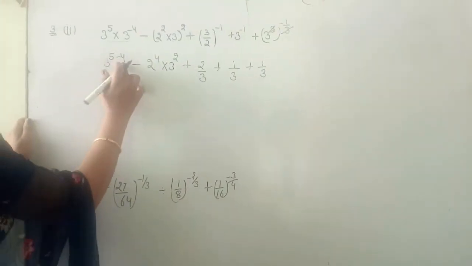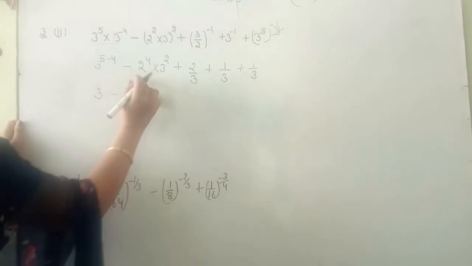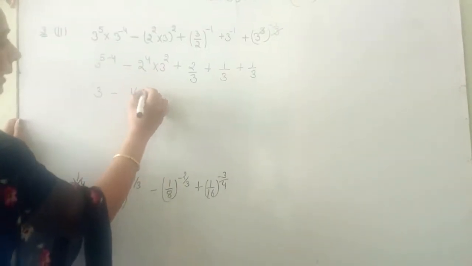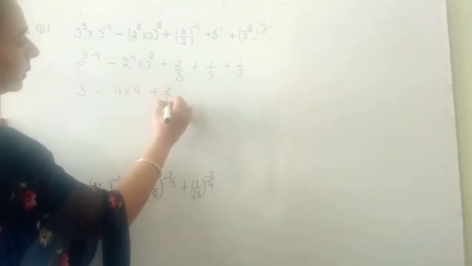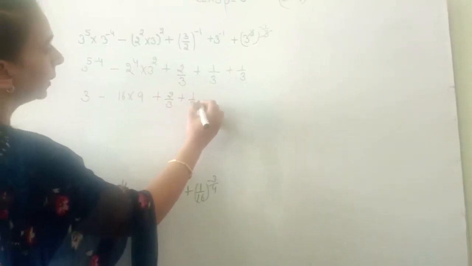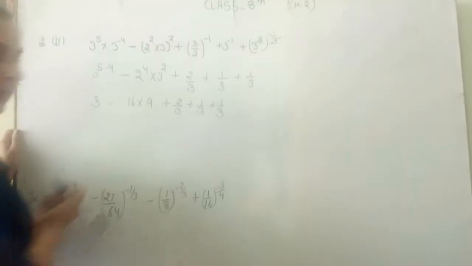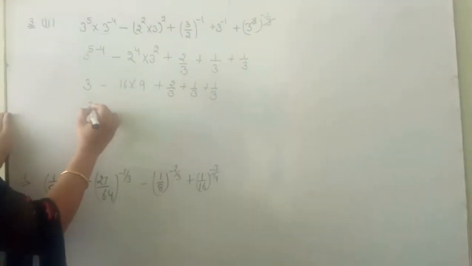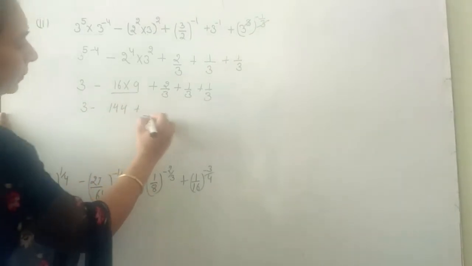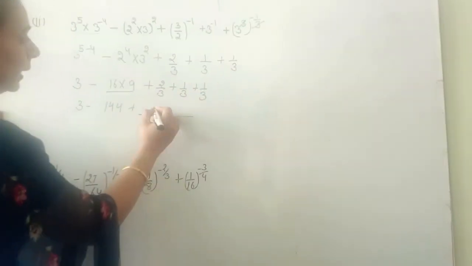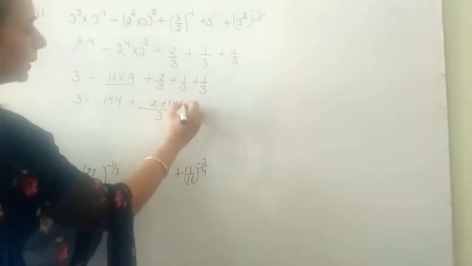3 raised to the power 1 is 3 minus 2 raised to the power 4 is 16, 3 raised to the power 2 is 9 plus 2 by 3 plus 1 by 3 plus 1 by 3. Okay. Then 3 minus 144 plus we take LCM 3, then 2 plus 1 plus 1.